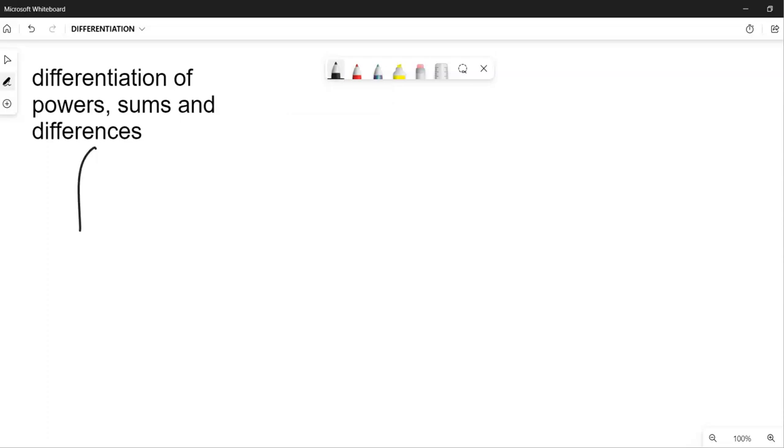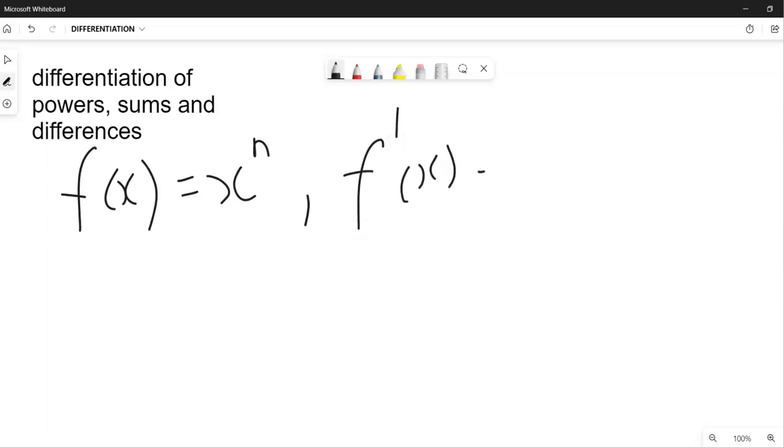If you have f of x equal to x to the n power, then f prime of x is going to be equal to the power multiplied by x, and the power will be one less, right?